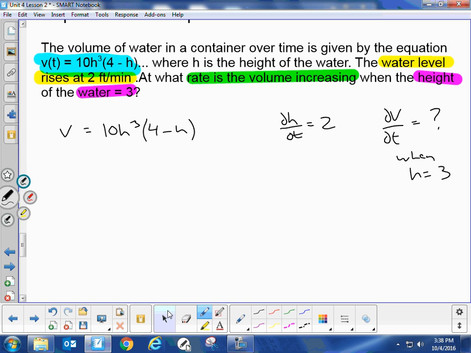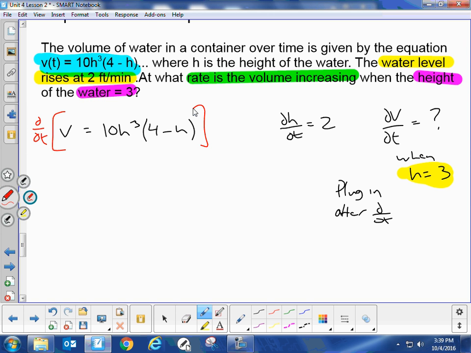So this will only get plugged in after taking the derivative. And really, all of our information in this situation, we will plug in after I take my derivative. That's all I'll have to do, take my derivative, plug in information, and I'll be able to find dV dt.